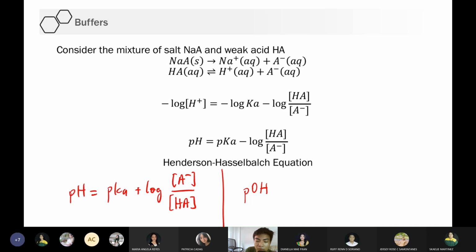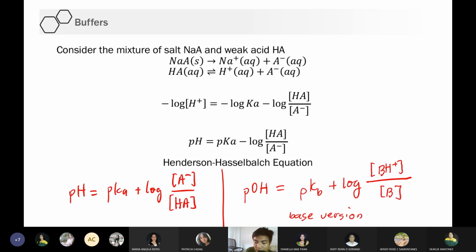So, ano yung counterpart ng pH? pOH. Ano counterpart ng Ka? The pKb, the base constant. Plus log. Ano counterpart ng conjugate base? The conjugate acid. And ano yung counterpart ng acid? Yung base. No? So this is the base counterpart of the Henderson-Hasselbalch equation.